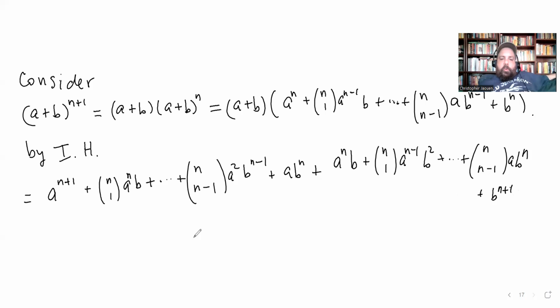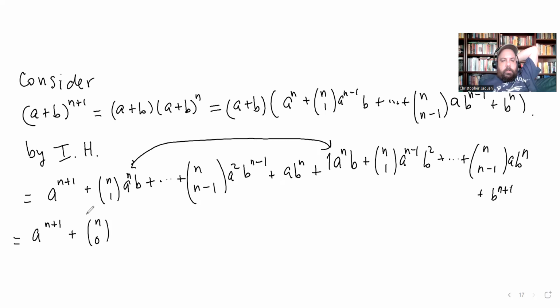And if I regroup things in a convenient way, here I have a to the n plus 1. All right, let's see, a to the n b, I have like terms here and here. And the coefficient here is 1, right? Which is the same thing as n choose 0, plus n choose 1 times a to the n b plus, let's see, what's next?